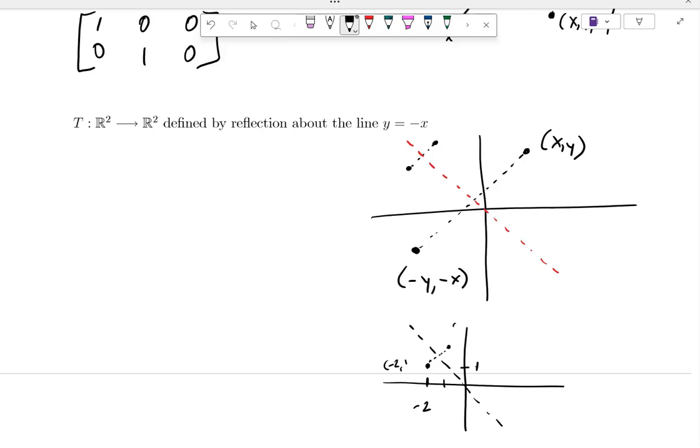So this is -2, 1. This is -1, 2. That looks like negative y, negative x, doesn't it? We negated the y, negated the x. Yeah. So I think this might be the right transformation. So let's go with that.